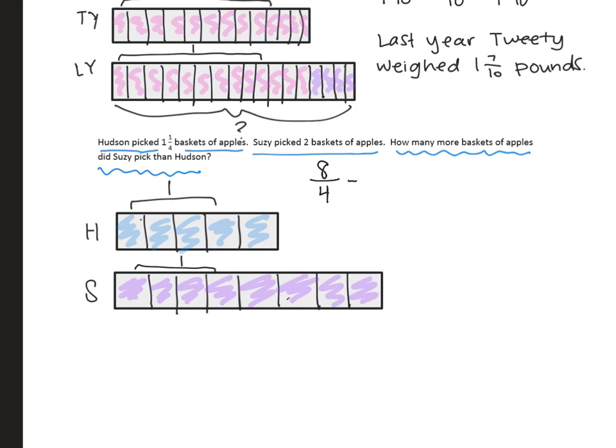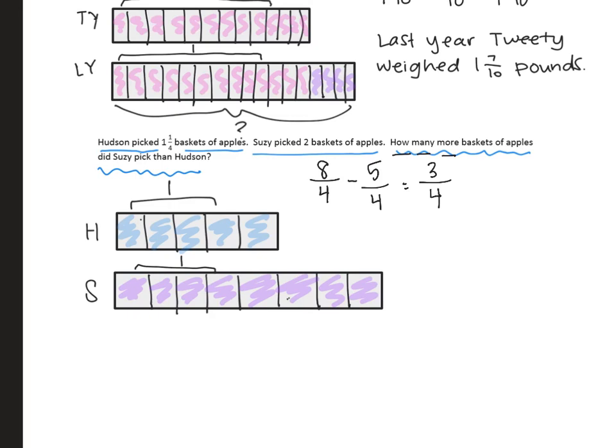So 8/4 minus, because it says how many more, which means I'm finding the difference, so I'm subtracting, minus how much Hudson picked, which is 1, 2, 3, 4, 5 fourths. So now I have 8 fourths minus 5 fourths, and that's going to give me a total of 3 fourths.